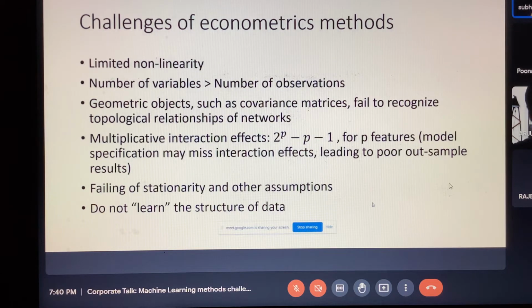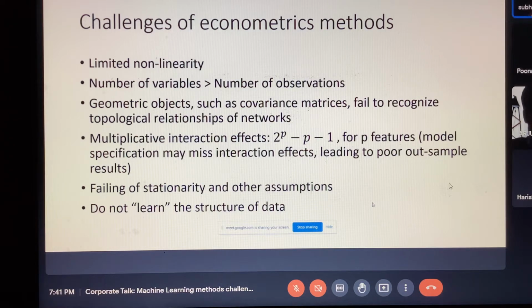We may think that it is easier to work on tables because of covariance matrices, but when there is a topology, there are limitations. Whereas in machine learning, there are methods to handle graphs in a different way. Those methods could be used in econometrics as well, but the learning is something which machine learning provides very well.